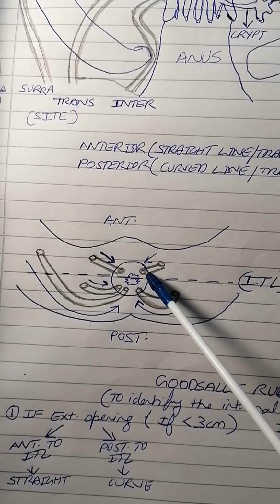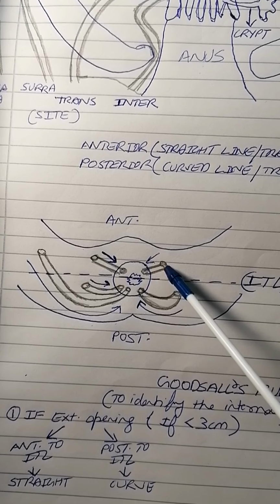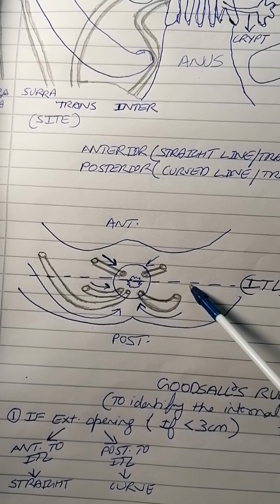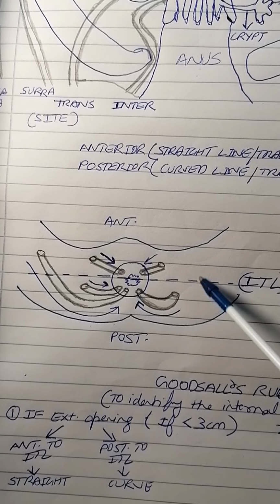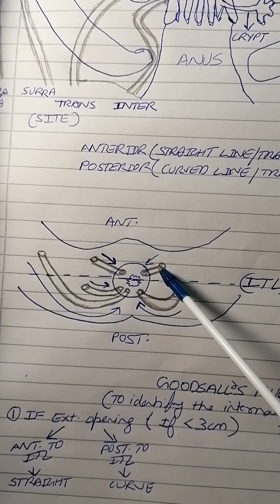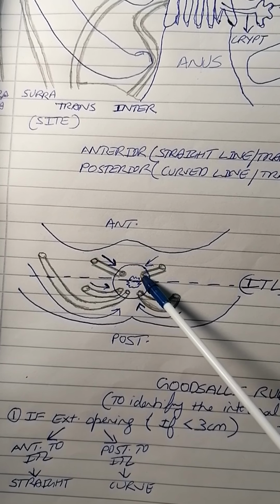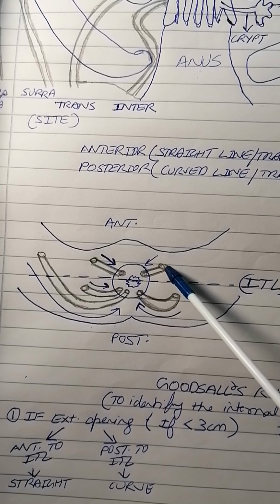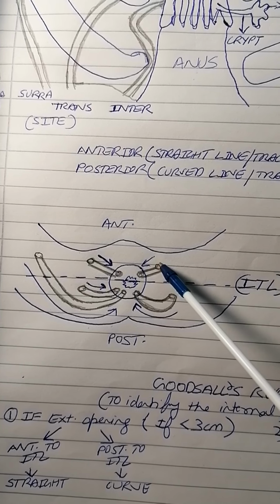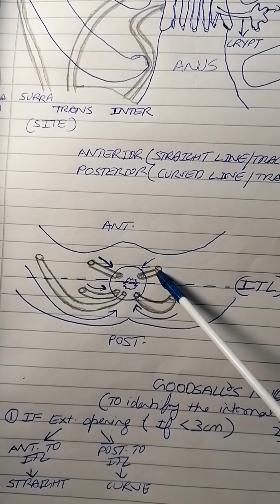So you can imagine, suppose this was an external opening of this fistula. If it is anterior to this imaginary line, then the internal opening would be straight. Suppose in the patient you can see this external opening.